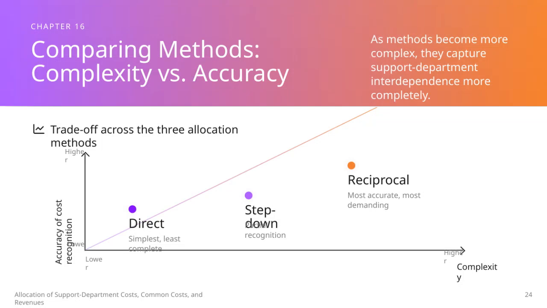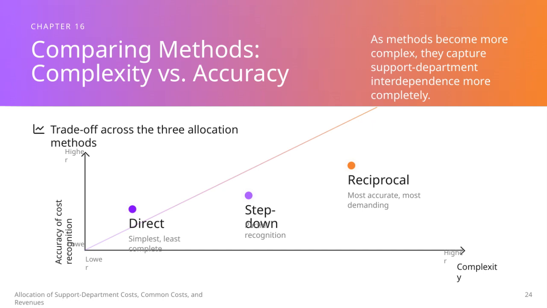As we compare these three methods for allocating support department costs, it's important to understand the trade-offs between complexity and accuracy. At one end, the direct method is the simplest and least comprehensive, as it ignores interdependencies among support departments entirely. This results in lower complexity but also lower accuracy and cost recognition. Moving up in complexity, the step-down method partially accounts for these interdependencies, providing a more accurate reflection of costs but requiring more effort to implement.